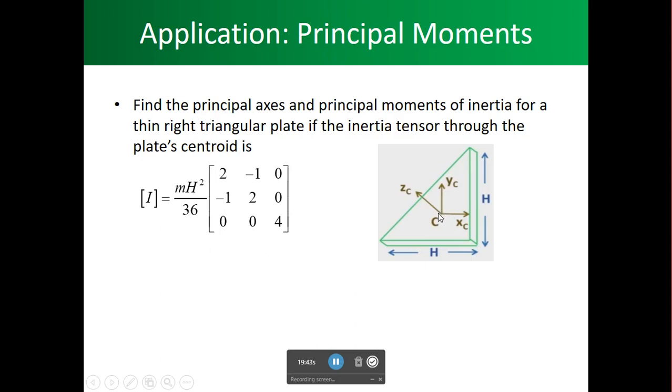So we have here our C, we have here our H, and we have here our Y, our Z, and our X component.